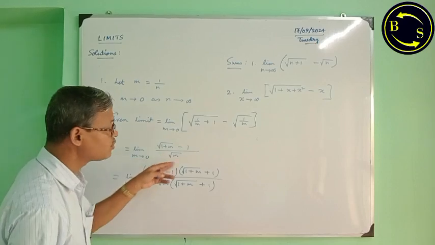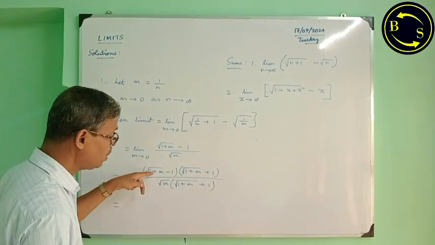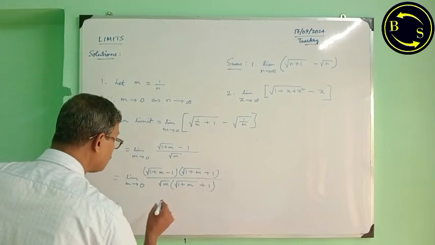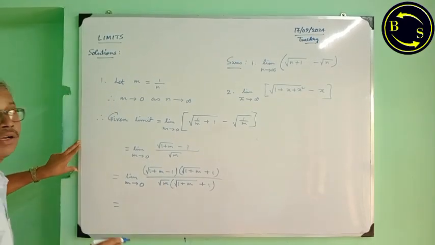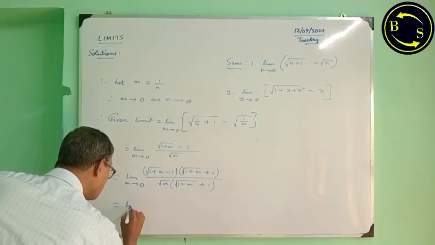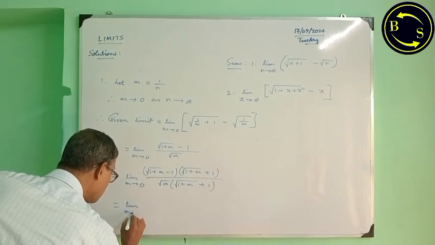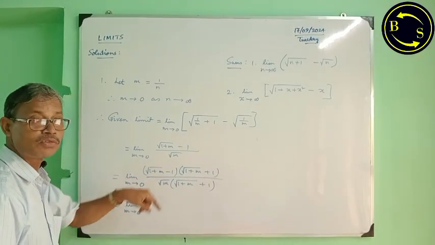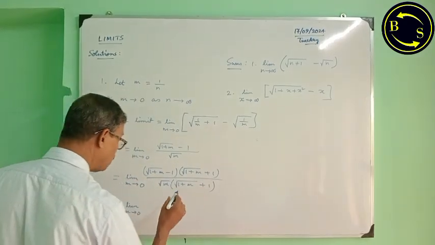I have not rationalized root m. Actually, we shall get m at the numerator. That is why I have not multiplied both numerator and denominator by root m. Next step will be limit m tends to 0. As the product is 1 plus m minus 1, then 1 will be cancelled.